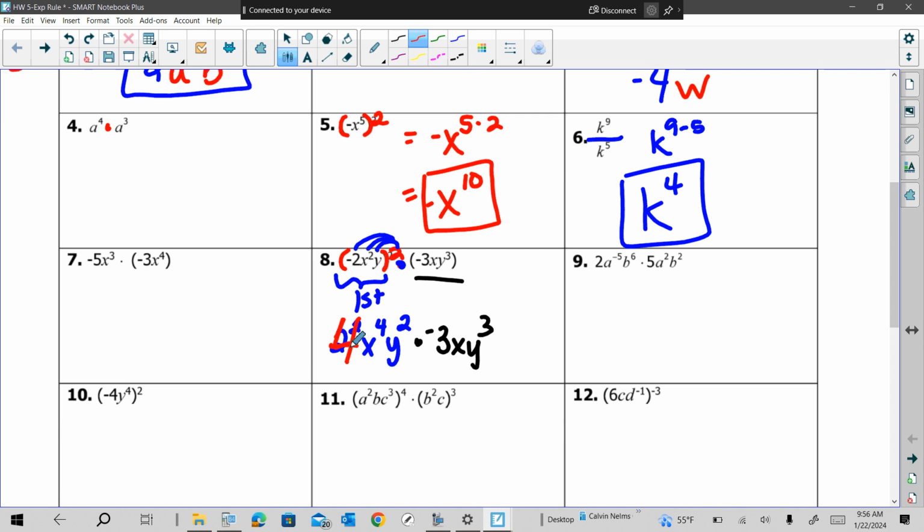So, do you see what numbers you're multiplying together, and then what exponents you're adding together? If you don't see an exponent, it's an invisible 1 above the letter. So, did anyone simplify number 8? Negative 12, x to the 5th power, y to the 5th power. That is right.